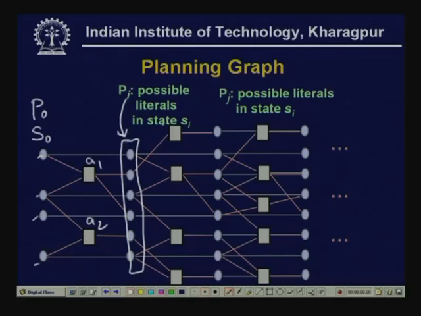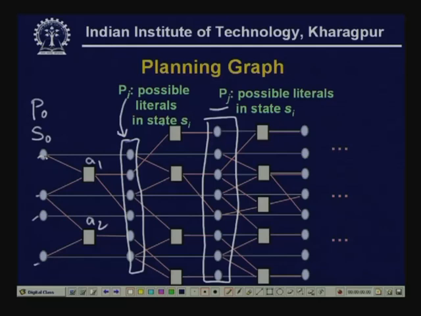Pi is the possible literals or propositions that can hold in state Si. This represents Pj. Pj is the possible set of literals that can hold in state Sj, and Ai is the set of actions that can be taken at state Si. This is an example of the planning graph.